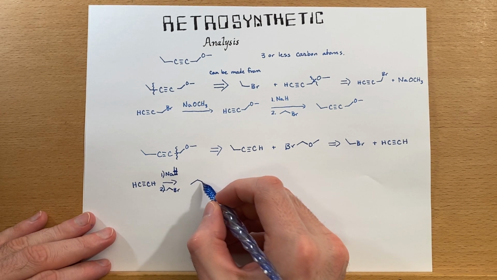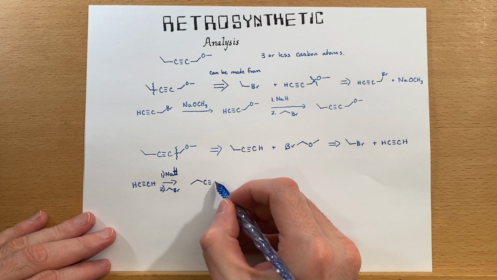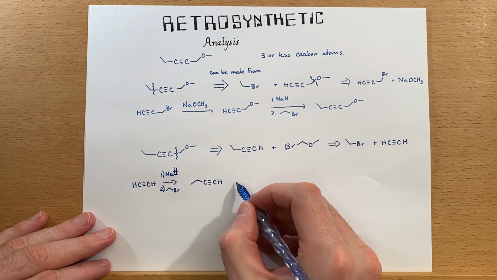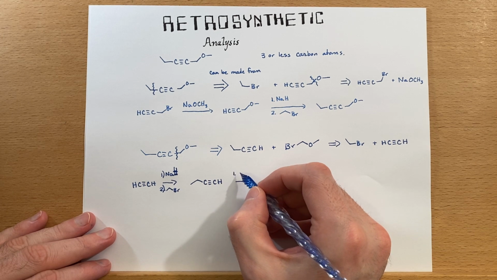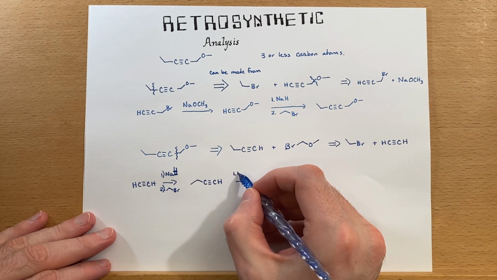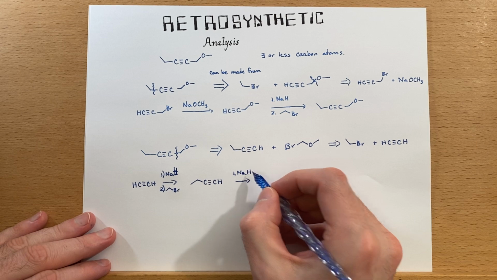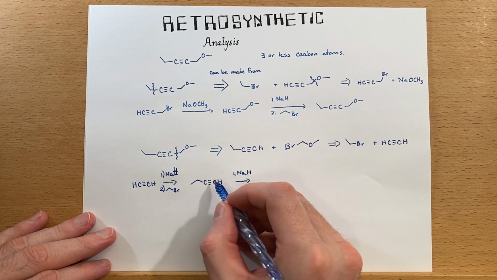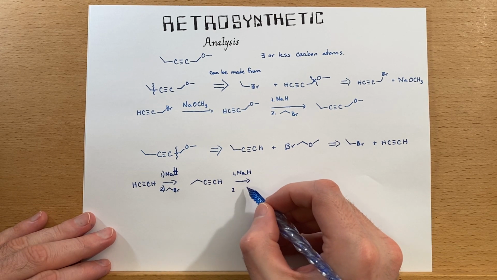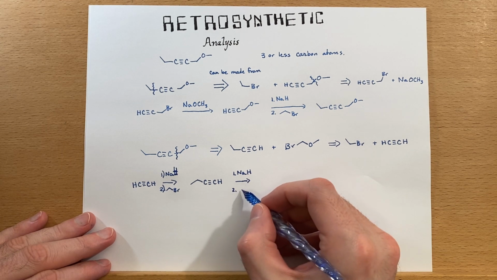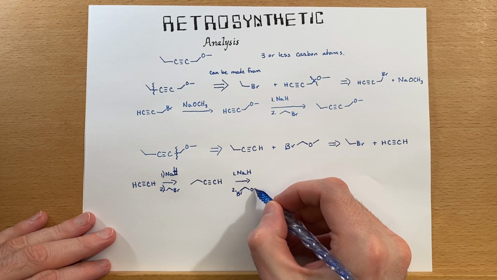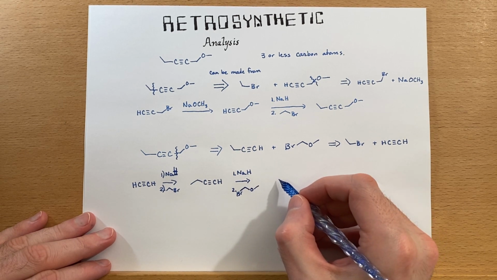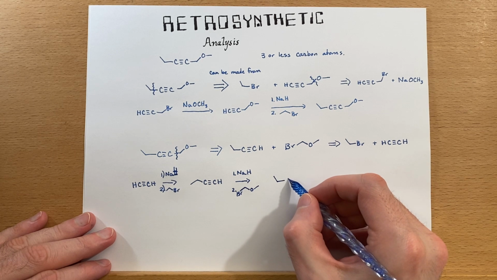We should be able to make this. And then we'll just form our carbon nucleophile again. Same kind of reagents, only now we're going to change to a different substrate. And we could affect our product.